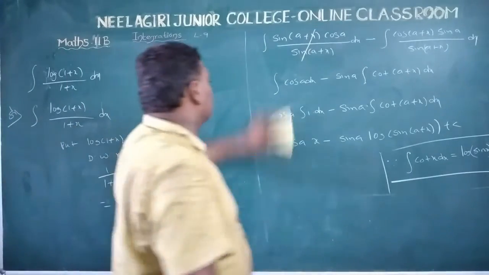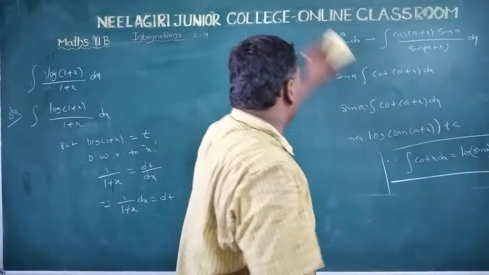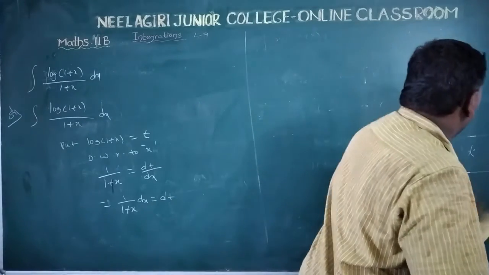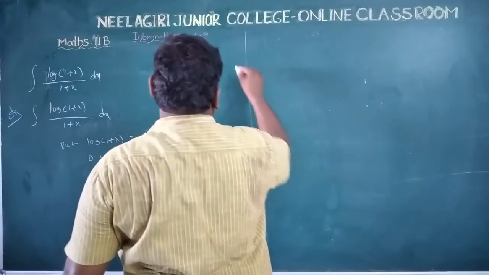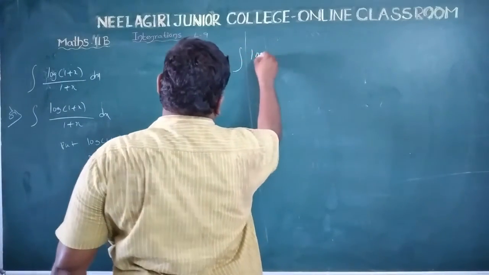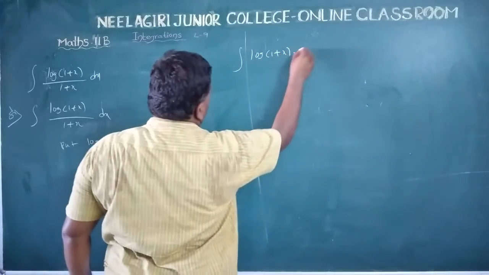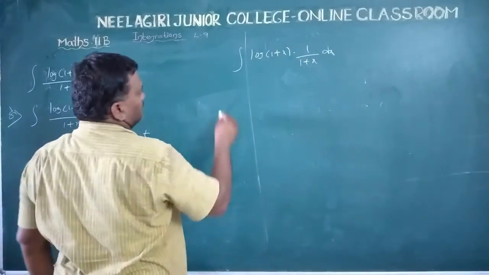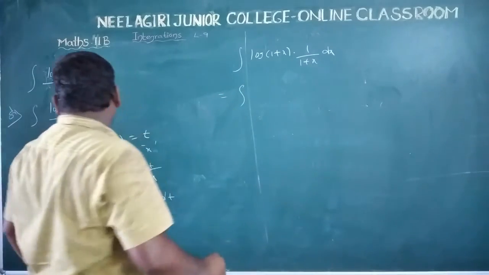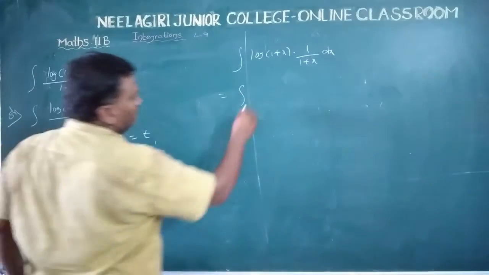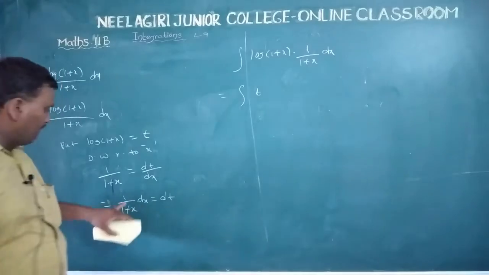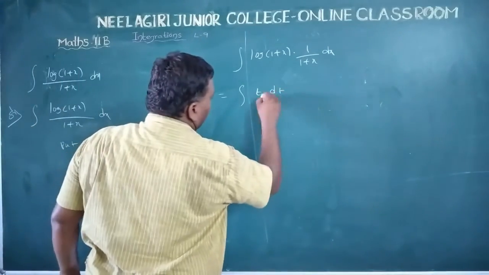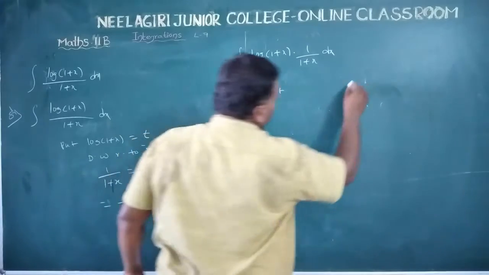The values are substituted in the above equation. What is the equation? Log of 1 plus x into 1 by 1 plus x dx, where log of 1 plus x is equal to t and 1 by 1 plus x dx is equal to dt. What is the integration of t?